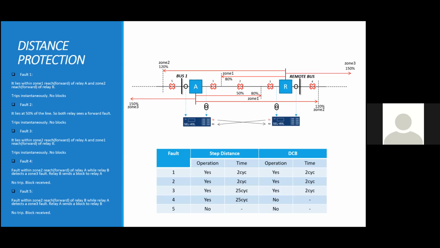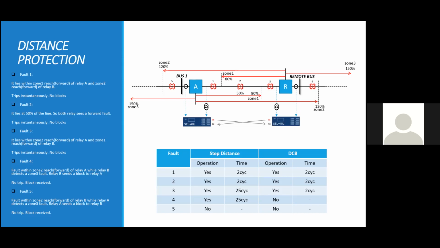But in case of a DCB scheme, the operation with respect to our local breaker A is going to be the same. It's going to trip instantaneously.